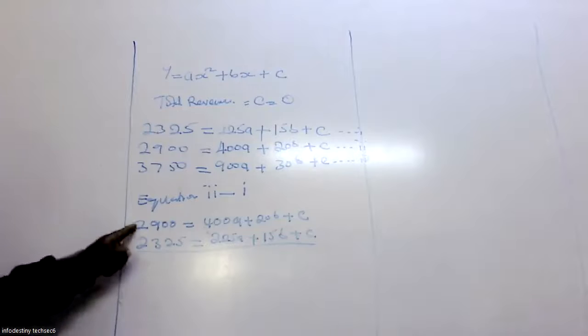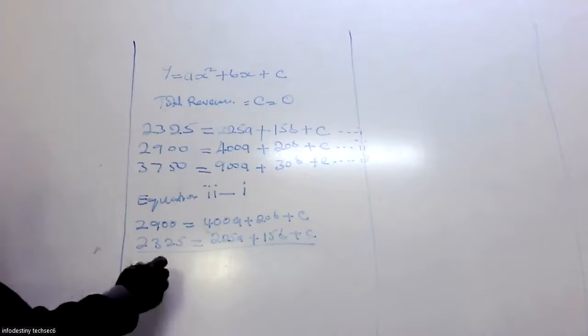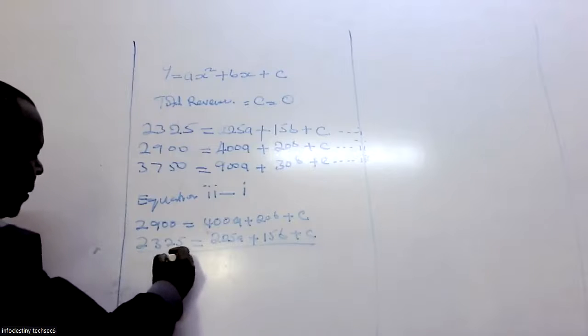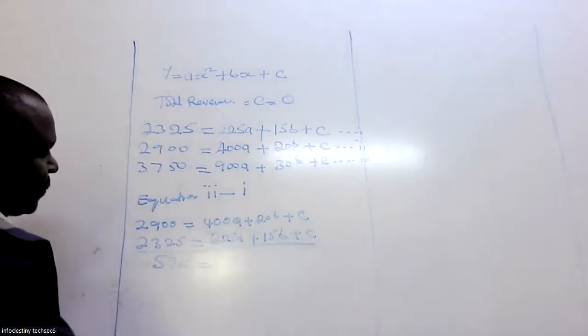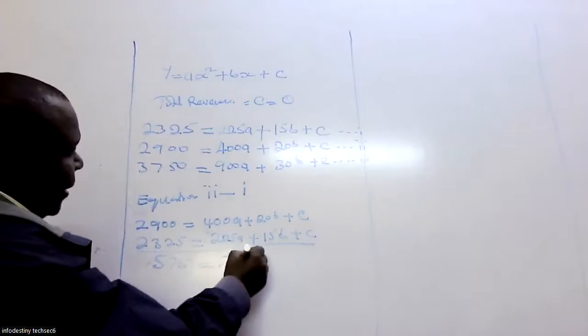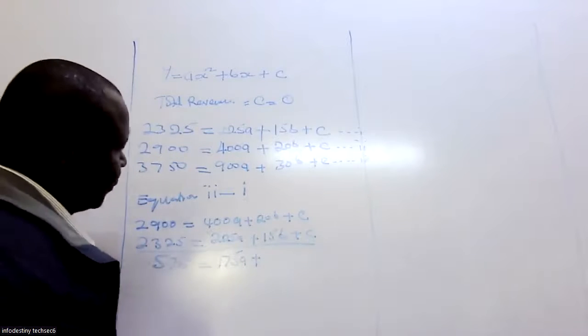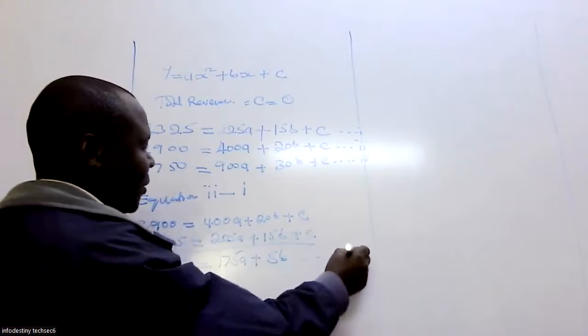So this one minus this is going to give us 575, which equals this minus this: 175 A plus 5 B. The C is 0 because it's the first equation again.